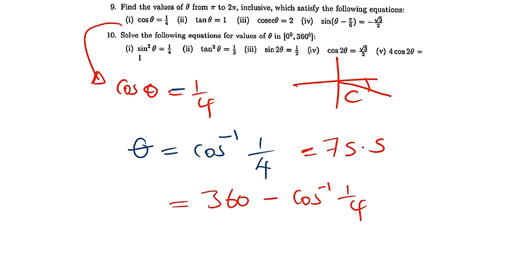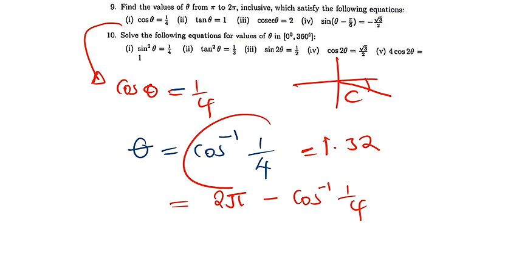So cosine inverse of 1 over 4, instead of 75 we can put 1.32, and then instead of 360 we can put another possible solution to be 2 pi. So you can leave this as it is if calculators are not given to you, since you can't find the angle.